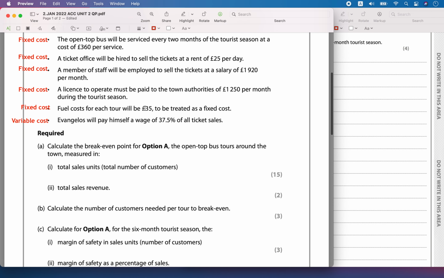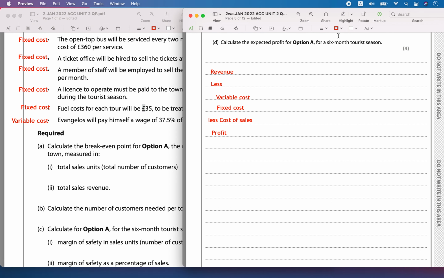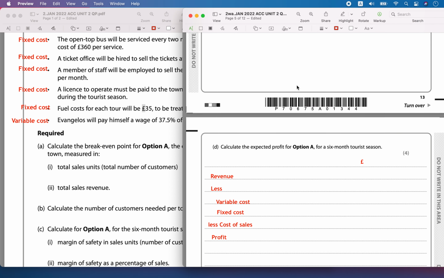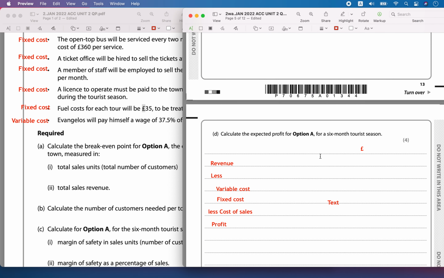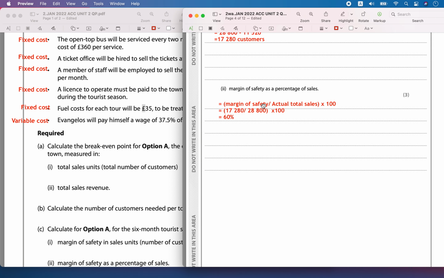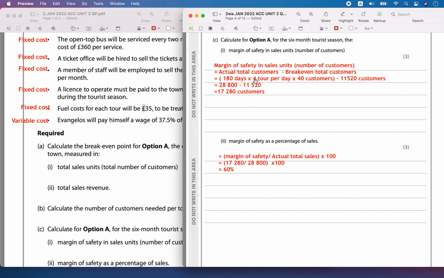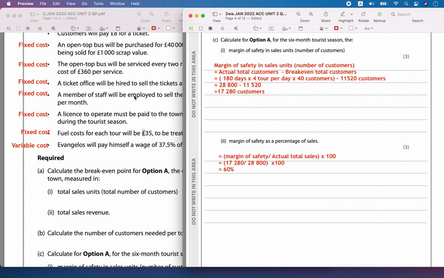Now, let's calculate the revenue. We know that the actual sales is 28,800 customers, which we had already calculated earlier.